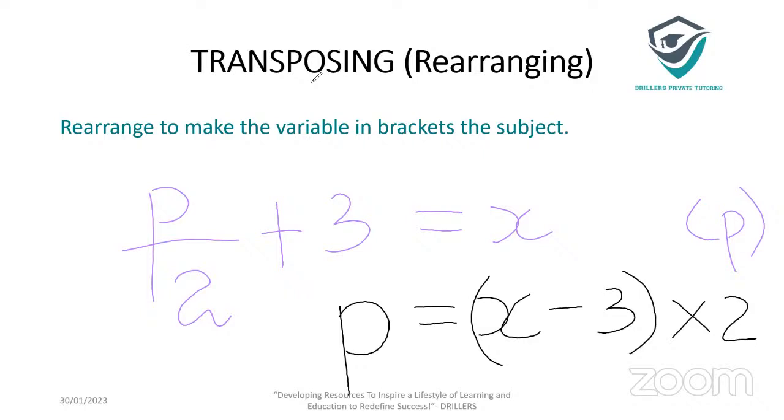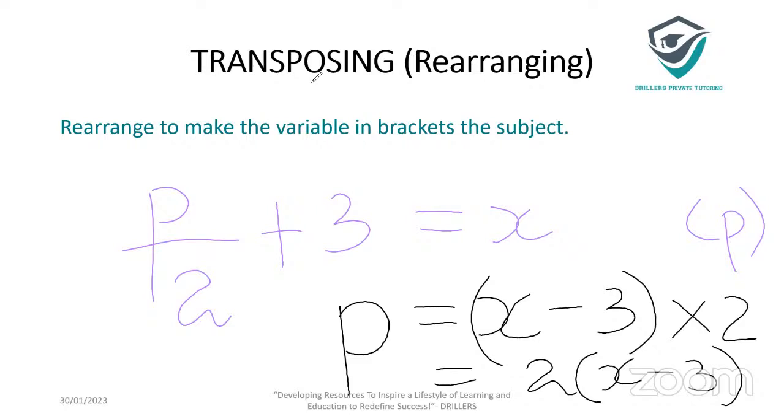And that's the answer. So if I wanted, I could rewrite this as 2 into X minus 3. It's the same as what we have on top. So X take away 3, all of that multiplied by 2 is the same as saying 2 into X minus 3, because I'm now saying that I have to multiply by 2 everything that is in brackets.